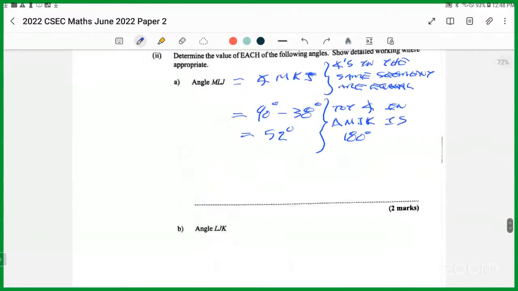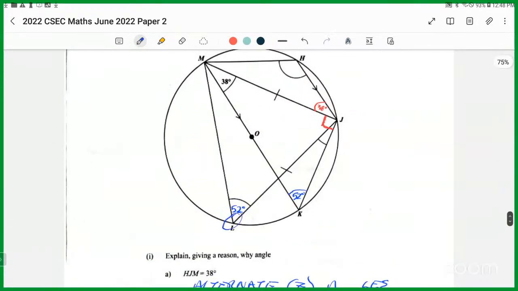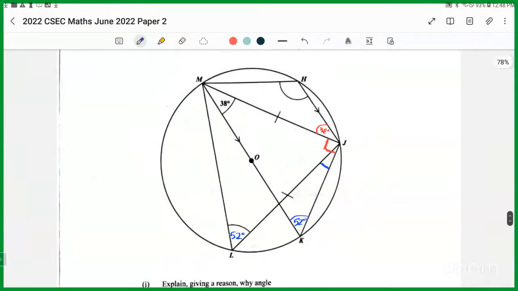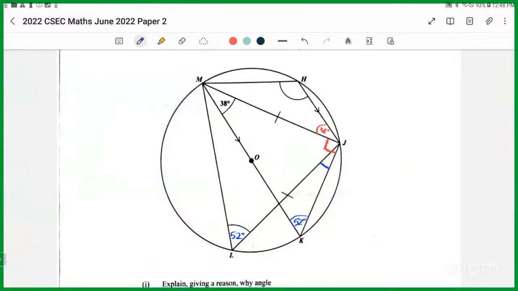Alright. Next angle I want is angle LJK. Let's see what that is now. The angle that I want is this angle inside here. If you can't see what it is right away, find what is subtending it, a chord or an arc. Come back along the sides forming the angle till you reach the circumference.